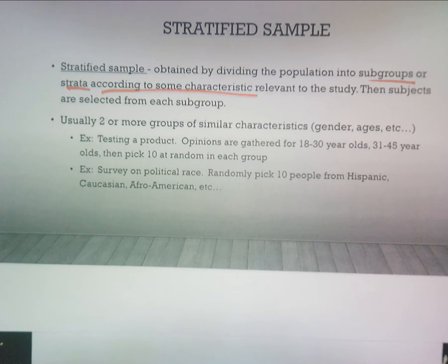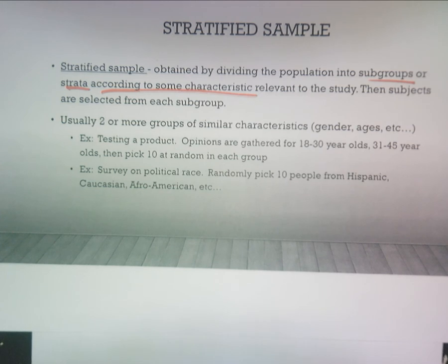Or let's say they did a survey on the political party race, and they randomly picked 10 people from the Hispanics, 10 people from the Caucasians, 10 people from the, again, those are all layers. Those are all layers of different groups, they all have a characteristic, all similar, all the Hispanics, all the Caucasians, all the African Americans, okay? But then through that, they then take 10 from there.